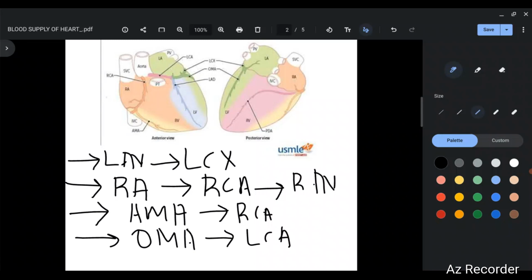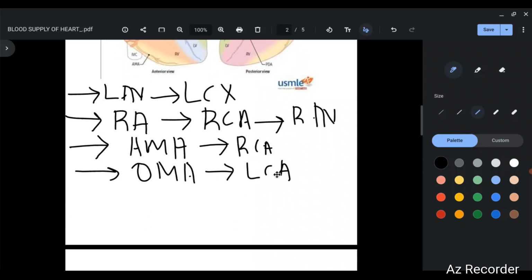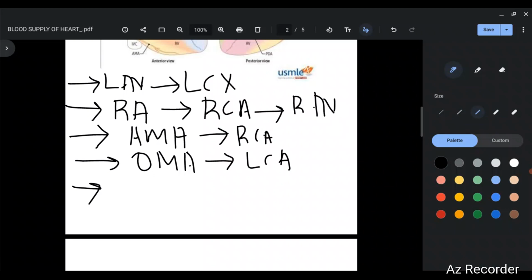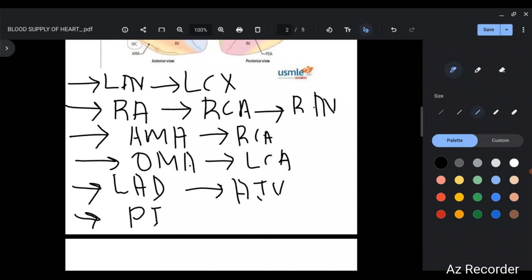In which groove is your left anterior descending artery present? In your anterior interventricular groove. Then which artery is present in your posterior interventricular groove? Yes, it's your posterior descending artery.